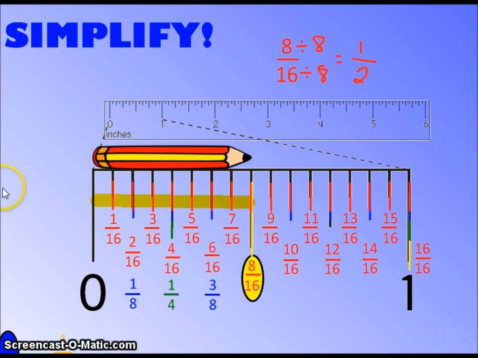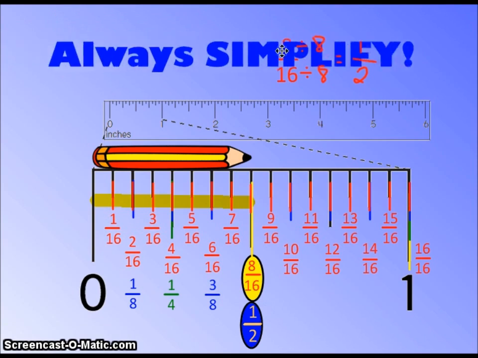Looking at our ruler, you can see that the pencil looks like half of 1 inch. And so we would say the pencil is 1/2 of an inch. Always simplify any measurement if you can.